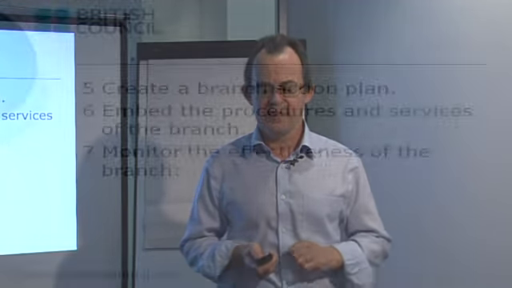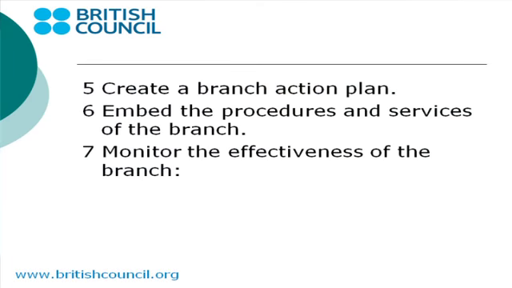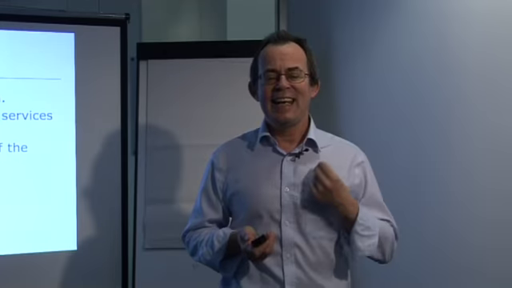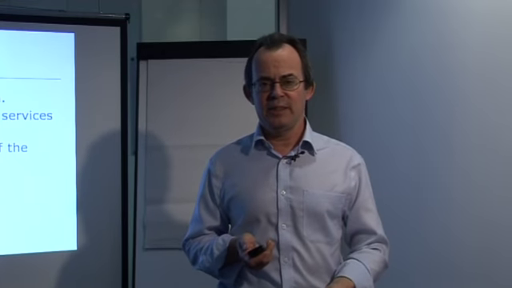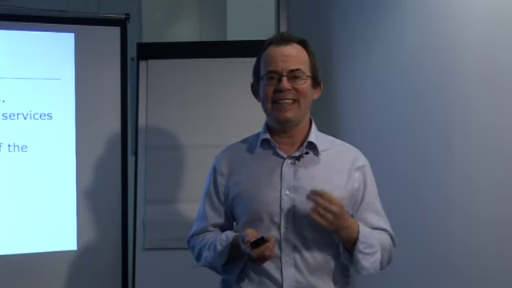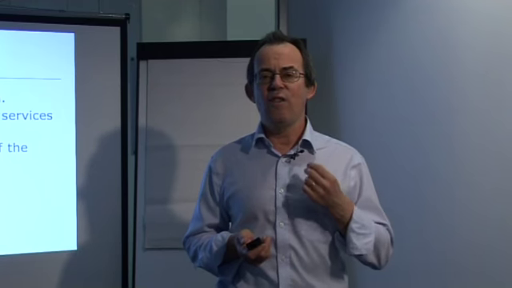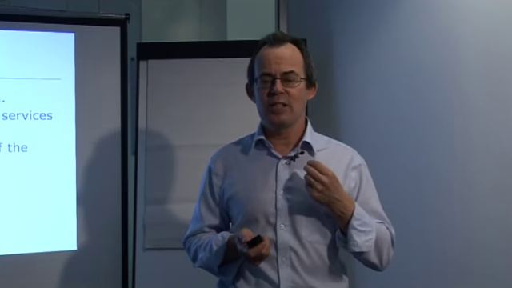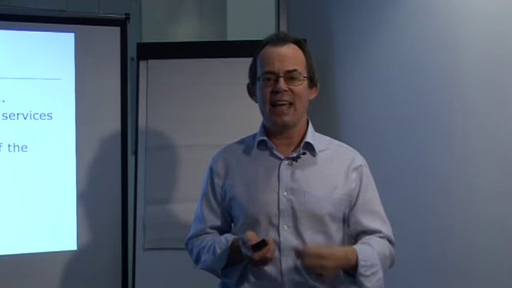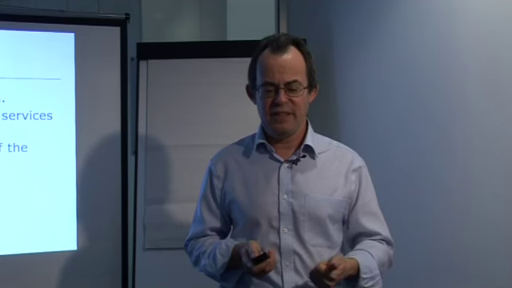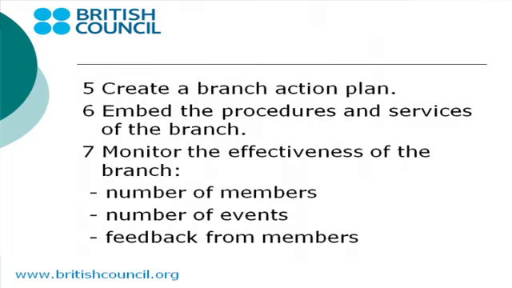The seventh point is to monitor the effectiveness of the branch. I think it's particularly important that everybody has some clear indicators of what would lead to us considering a TA branch to be effective. The kinds of things I'm talking about are number of members.